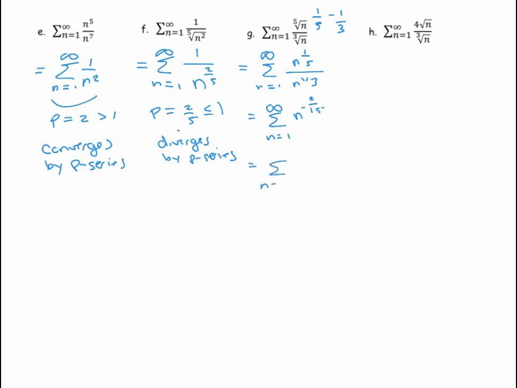And I could rewrite that, of course, like this. And 2/15 is our p-value, and that is less than or equal to 1, so that implies that this diverges.